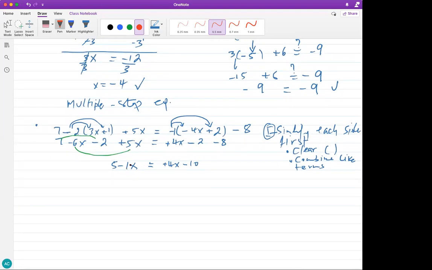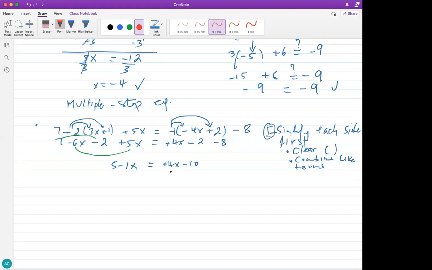If you look over here, we have the x here and the x also on this side. And we'll have some numbers on both sides. So what we need to do is have both variables with x's here and both numbers on the other side. So you can do -4x here.